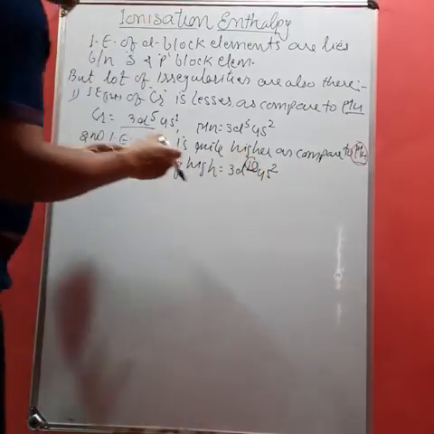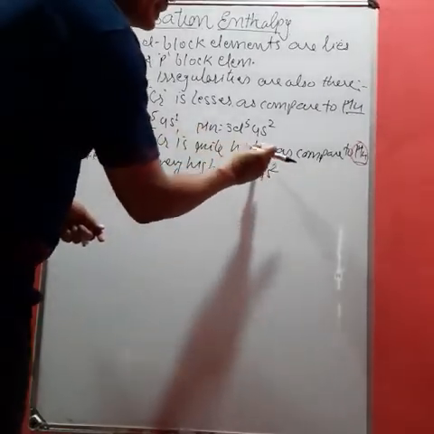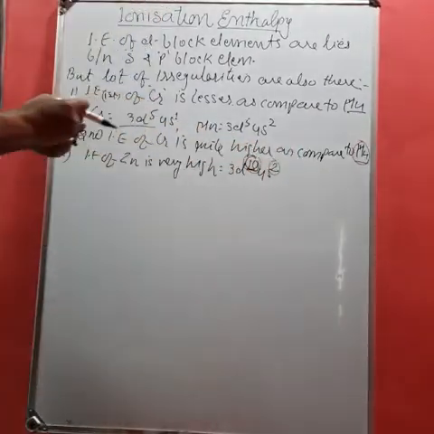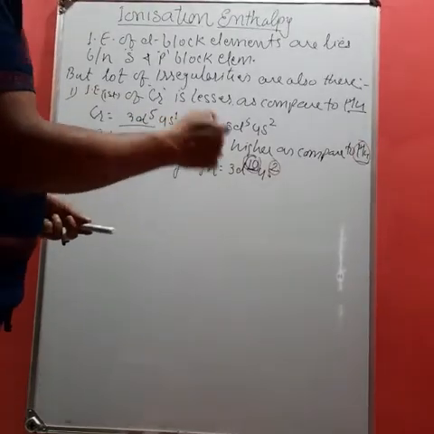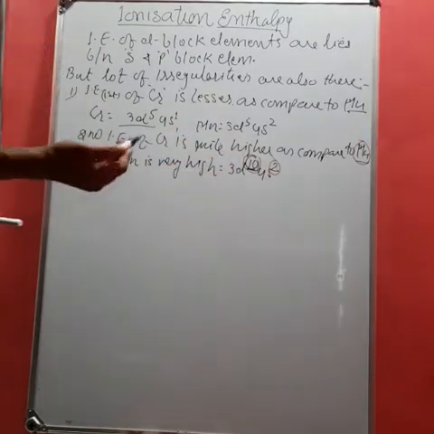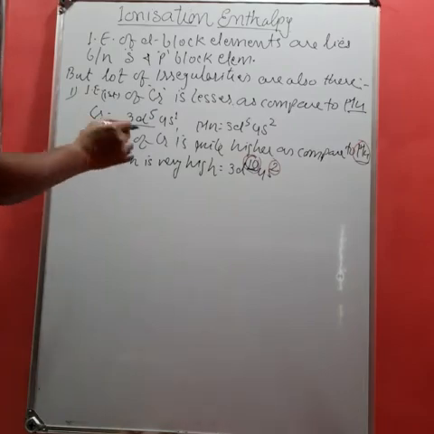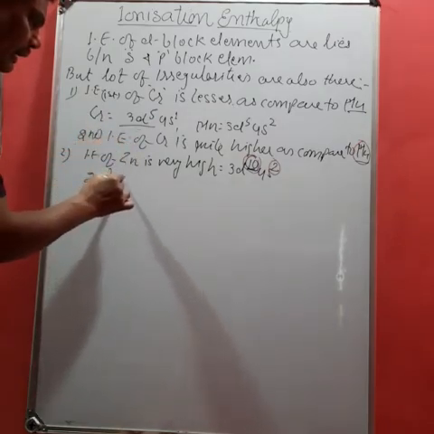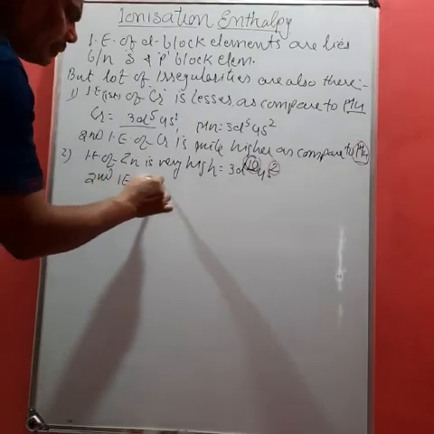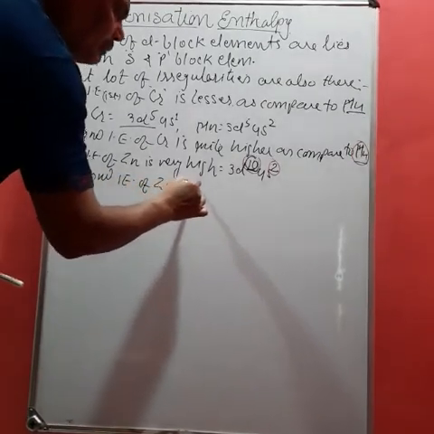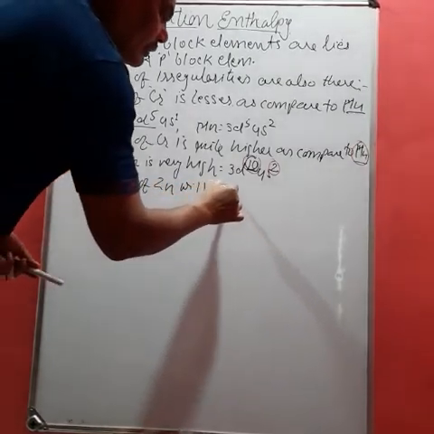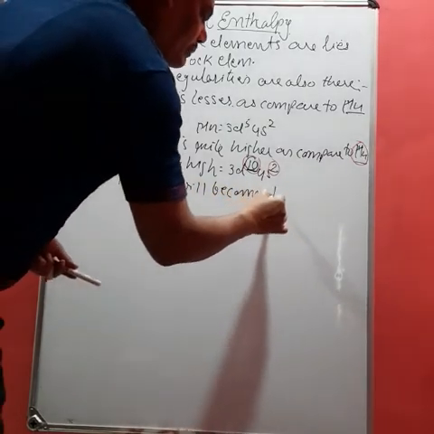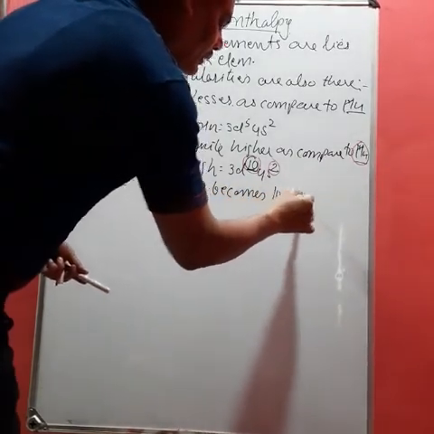This is called a fully filled electronic configuration. Therefore, its ionization enthalpy becomes very high. Similarly, the second ionization enthalpy of Zn will become lower.